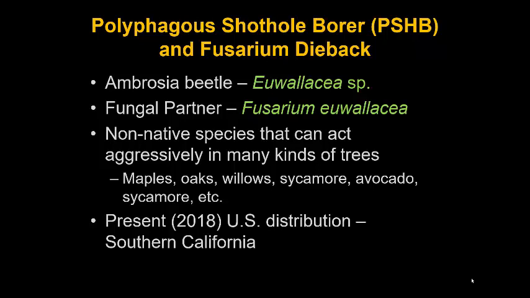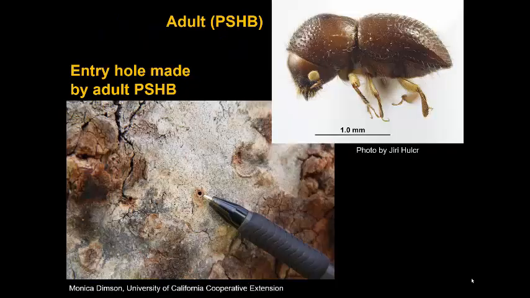Both of these are non-native, but they have been shown to act quite aggressively in many kinds of trees that occur here in North America: maples, oaks, willows, sycamore, among the more seriously attacked. This is presently in the Southern California area, and we'll see what this turns into.